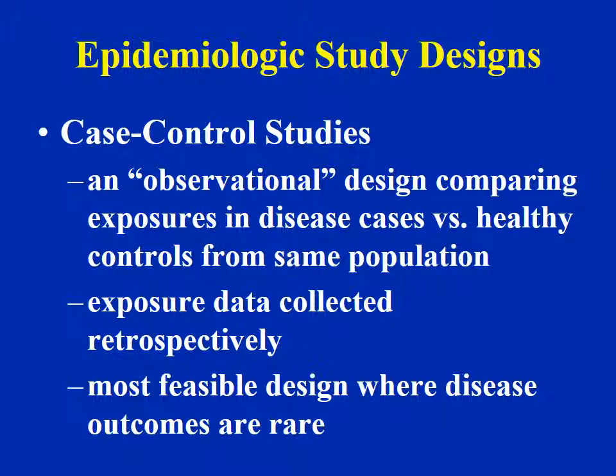Those people who do not have cases of the disease but have characteristics that meet those cases are classified as controls. Usually, exposure data is collected retrospectively or looking backward in time, and this is a common design when disease outcomes are rare. Very rare cancers, very rare diseases.